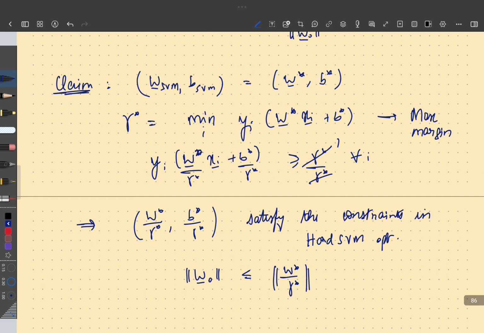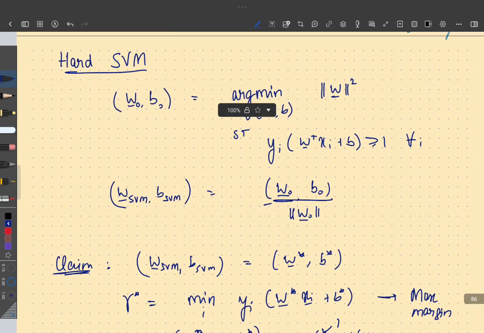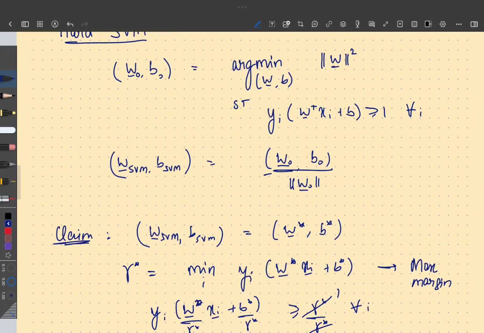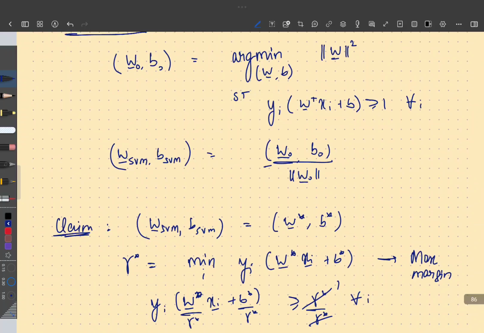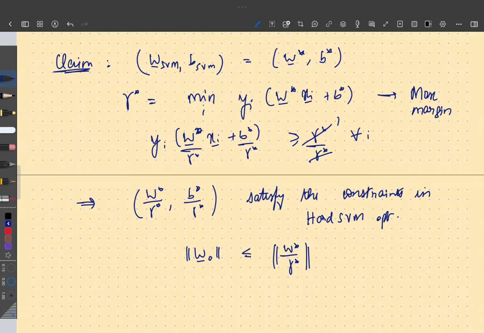Because after all, in the optimization problem you're choosing the one that minimizes among all the points that satisfy these constraints. W0, B0 achieves the least possible squared norm for W. So the norm of W0 can only be less than or equal to the norm of W star by gamma star.